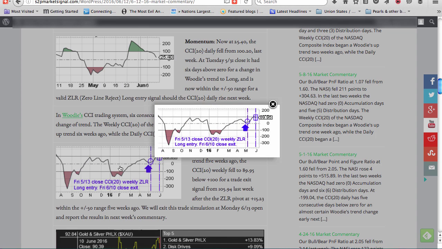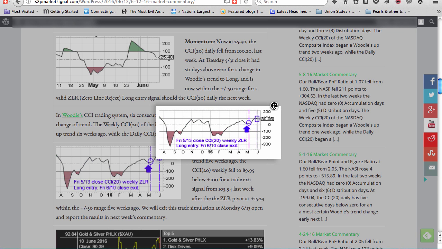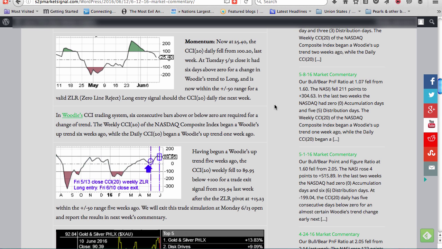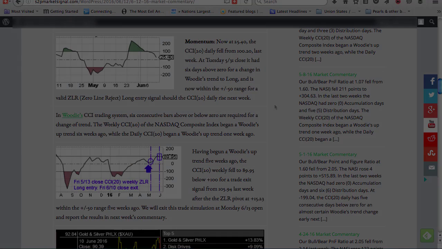Having begun a Woody's uptrend 5 weeks ago, the CCI 20 weekly fell to 89.95, below plus 100, for a trade exit signal from 105.94 last week, after the zero-line reject pivot at a positive 15.23 within the plus or minus 50 range 5 weeks ago. We will exit this trade simulation at Monday 6/13 open and report the results in next week's commentary.